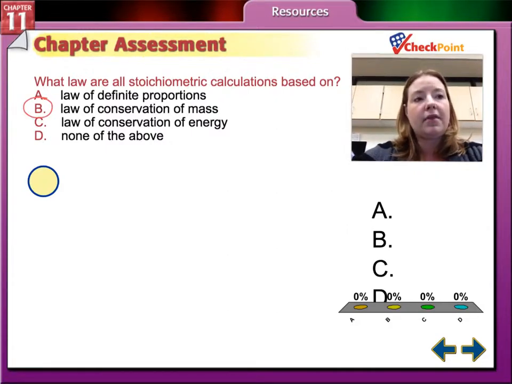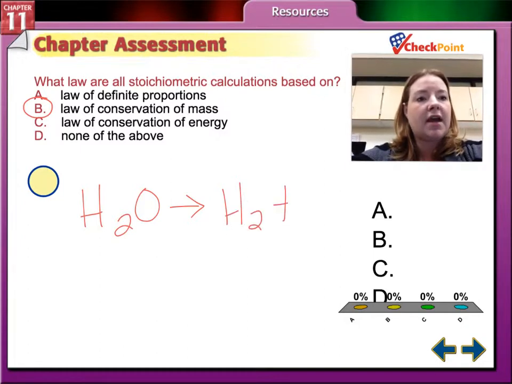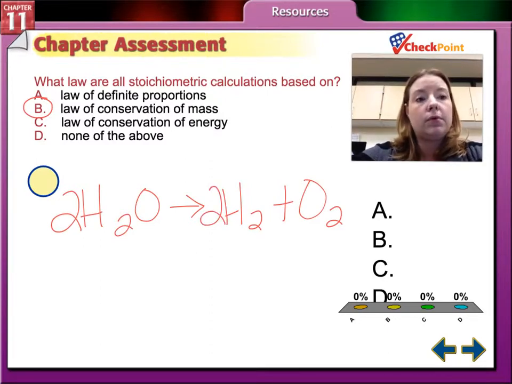Okay? Remember that we've done a couple of reactions where we pointed out that however much goes in has to always be equal to the amount that comes out. And we did this when we started with a very simple reaction of water breaking down into hydrogen gas and oxygen gas. If we balance this chemical reaction, we would have to have 2 molecules of water, or 2 moles of water, and we would produce 2 moles of hydrogen gas and 1 mole of oxygen gas.